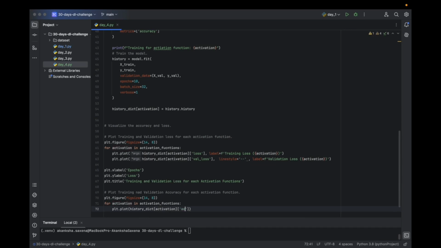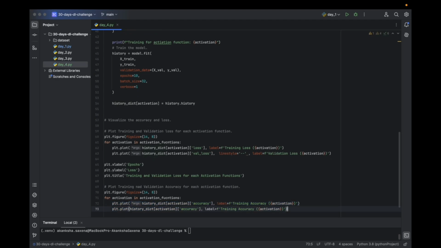And here we are saying accuracy, label, not lambda. Label is going to be training accuracy of which activation function? Of activation. Okay, now I'm going to copy it and paste it.